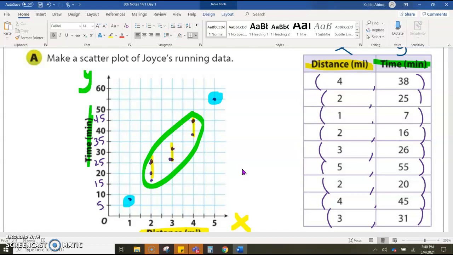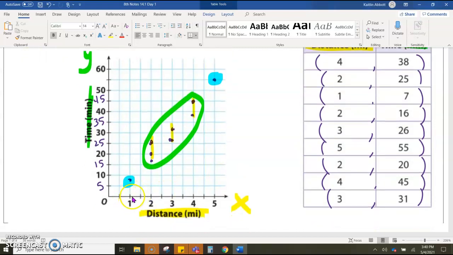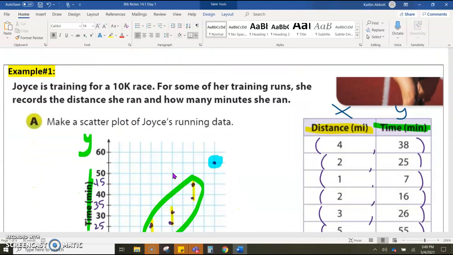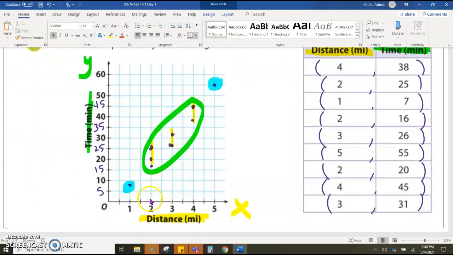So if you look, our 2 outliers are when she ran only a mile and when she ran 5 miles. Those are the outliers. But here's my interpretation: the majority of her runs training for this 10K race are between 2 and 4 miles. Would you guys agree?